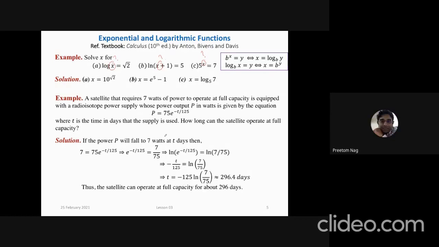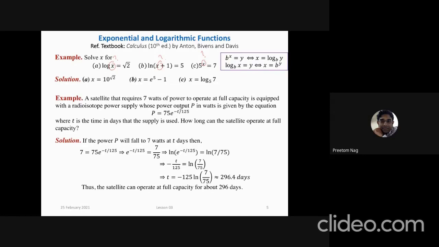Next is an application of logarithm functions and exponential functions. So how do we deal with applications here? It's very simple. Look at this example. The statement says suppose there is a satellite which requires 7 watts of power to operate at full capacity, and which is equipped with a radioisotope power supply whose power is given by the equation P = 75 e to the power minus t over 125, where t is the time in days that the supply is used.